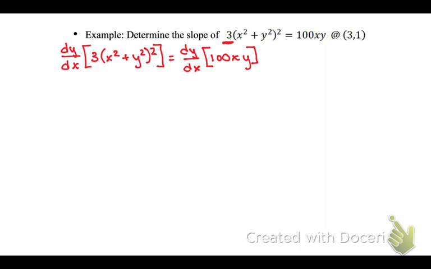Okay, so on the left we have a product that has a quotient inside of it. So we're gonna do that all. So derivative of 0, because that's your f, is what? Derivative of 3 is 0 times x squared plus y squared, squared.